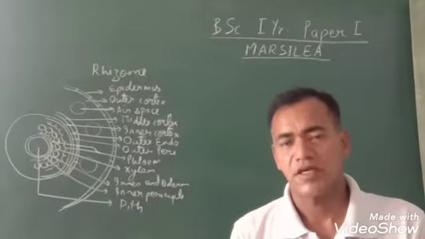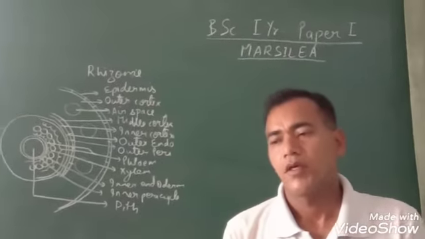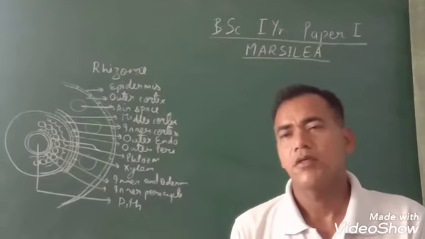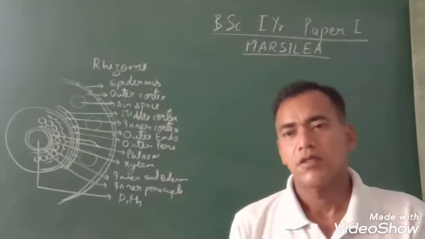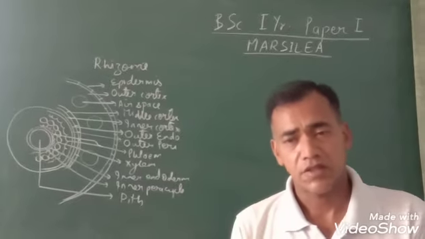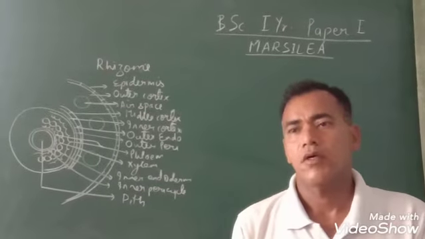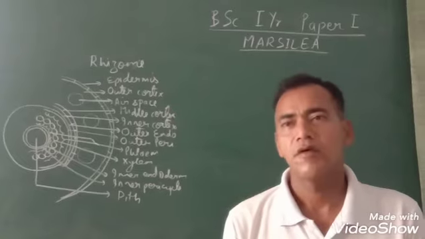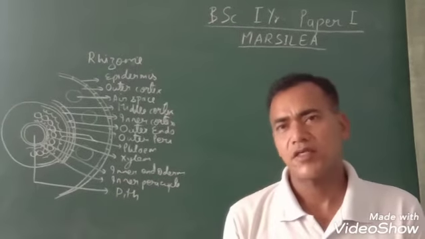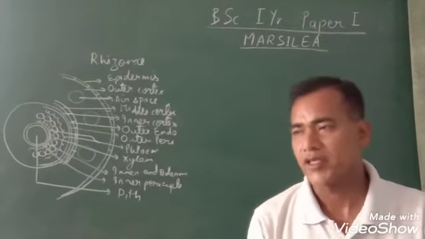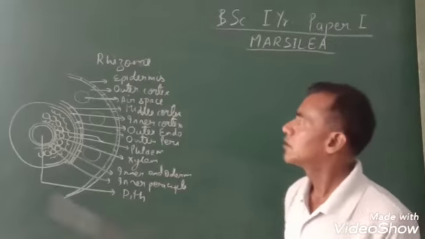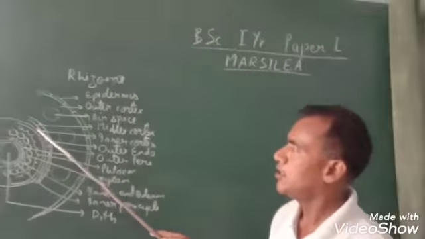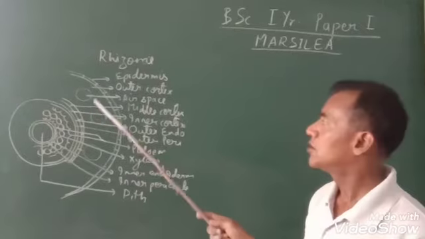The anatomical characters of this plant. Since this plant is aquatic plant, we can find certain structures typical of hydrophytic nature in the anatomical sections of Marsilia. First of all, when we cut TS of rhizome, we find epidermis, cortex and stele.